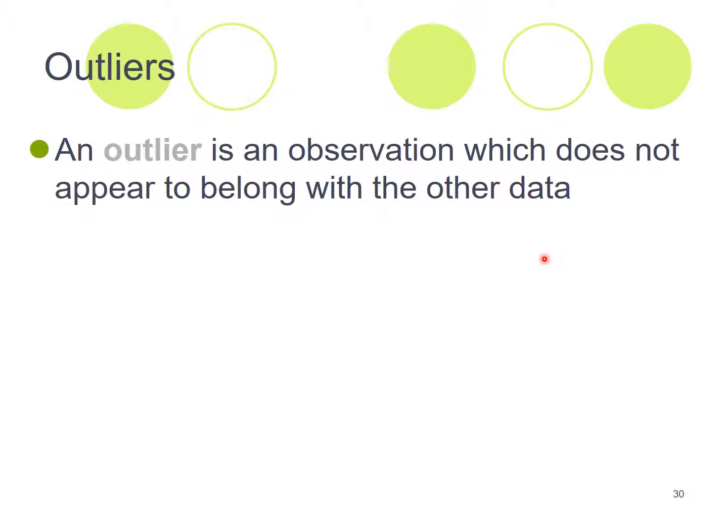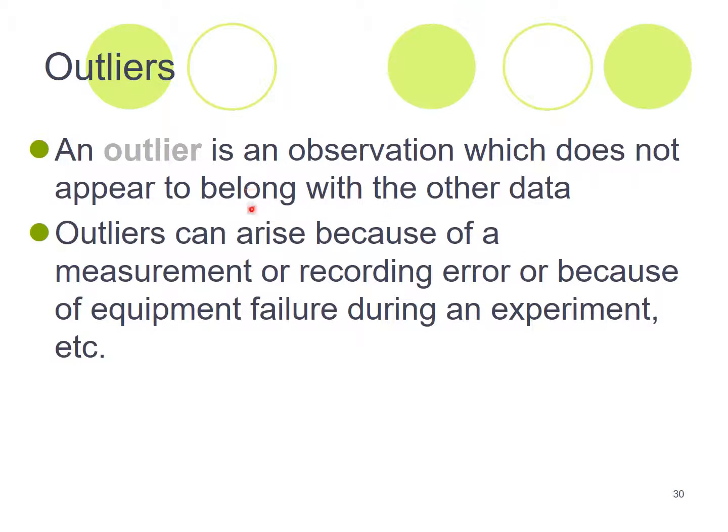Outliers can arise because of a measurement or recording error. Actually, somebody wrote down 58; they meant to write down 5 and 8 as opposed to 58. So it could be that, or it could actually be real. So you have to look closely at outliers.